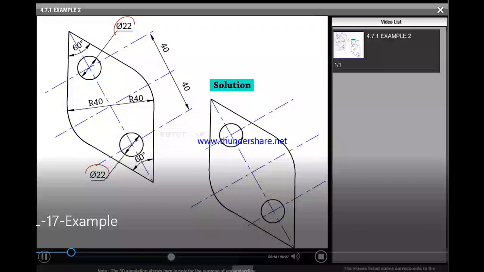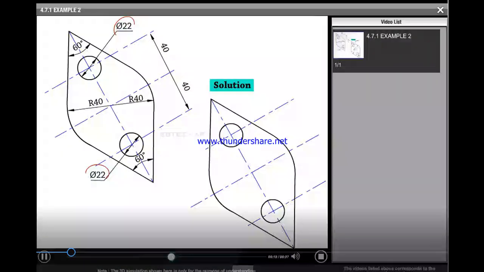Now let us analyze once again. In the question, the dimension 522 is dia, and there are two holes which are similar. So that similar representation we can show in the solution as given.